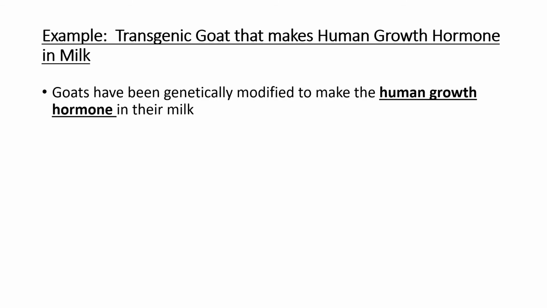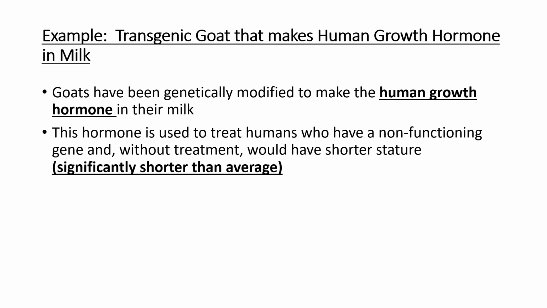Okay. Another example is transgenic goat that makes human growth hormone in milk. So goat milk is an absolutely fine source of calcium and protein and stuff for humans. But goats have been genetically modified to make the human growth hormone in their milk. So the hormone is used to treat humans who have non-functioning gene and without treatment would have a shorter stature. Shorter stature means you're significantly shorter than average.